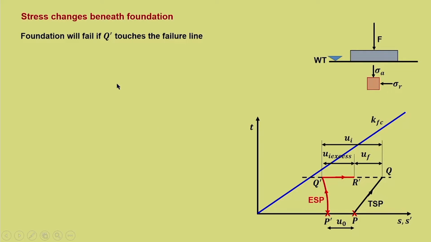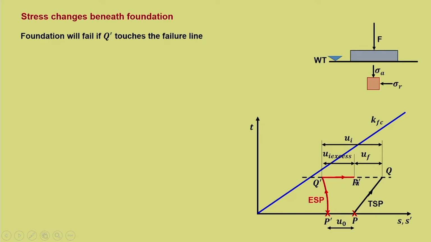The foundation will fail, we know, if Q dash touches the failure line. What does that mean? Because up to Q dash it represents the undrained loading condition. So, if the foundation has to fail, it has to fail during this short term undrained period. Why? I am talking with respect to a specific loading condition, because if Q dash touches the failure line, then only it is bound to fail.